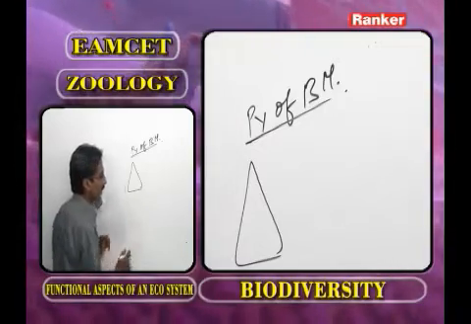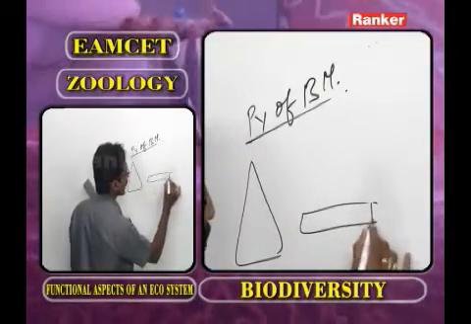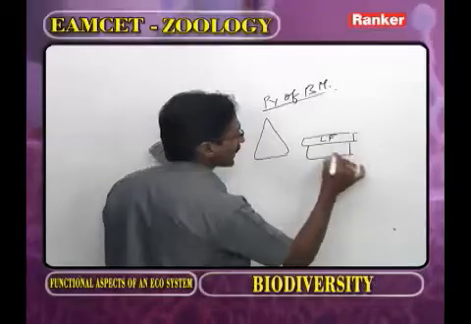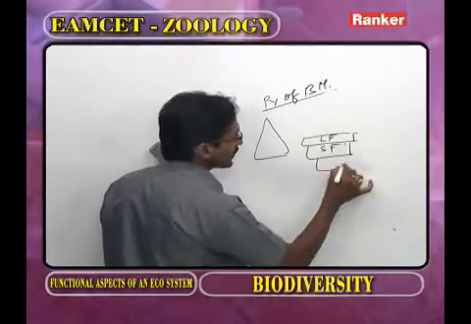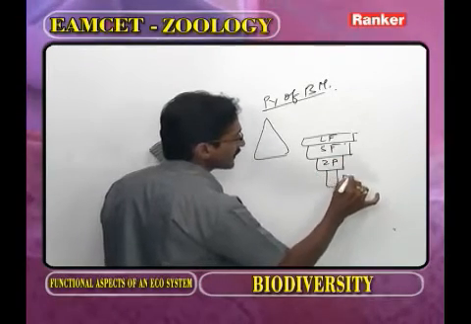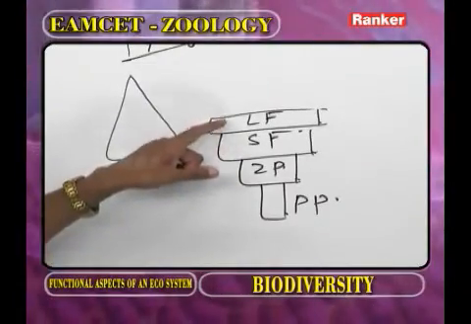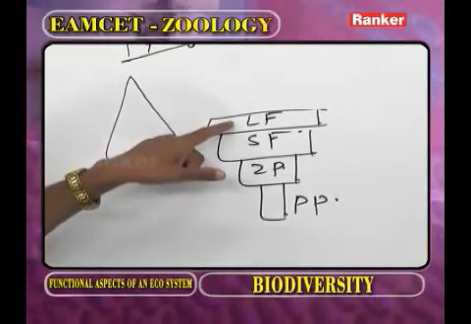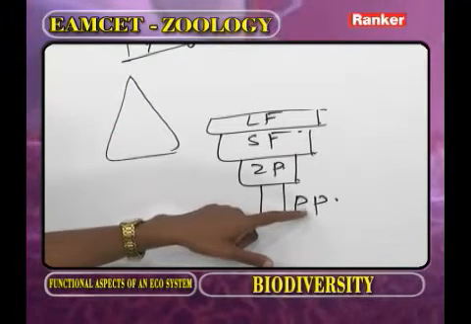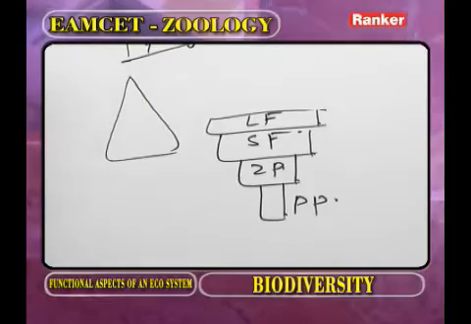That is inverted. In the pond ecosystem, this one we call the large fishes, this one the small fishes, this one the zooplankton, and this one the phytoplankton. The number of phytoplankton is less than the number of zooplankton.